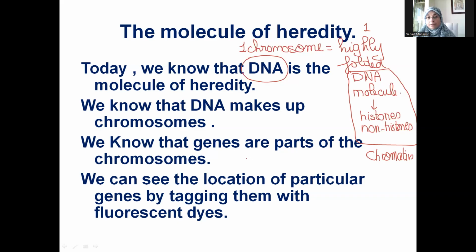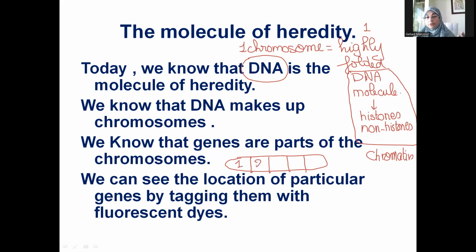If we look at a diagram of a chromosome, we will find that the chromosome is divided into regions, and every region is a sequence of nucleotides on DNA, as we will see later on. So every chromosome consists of many genes.